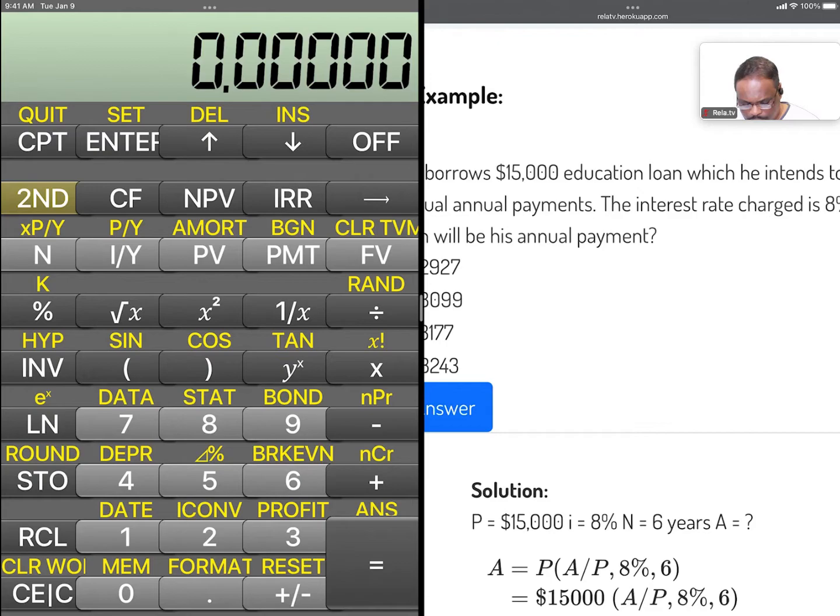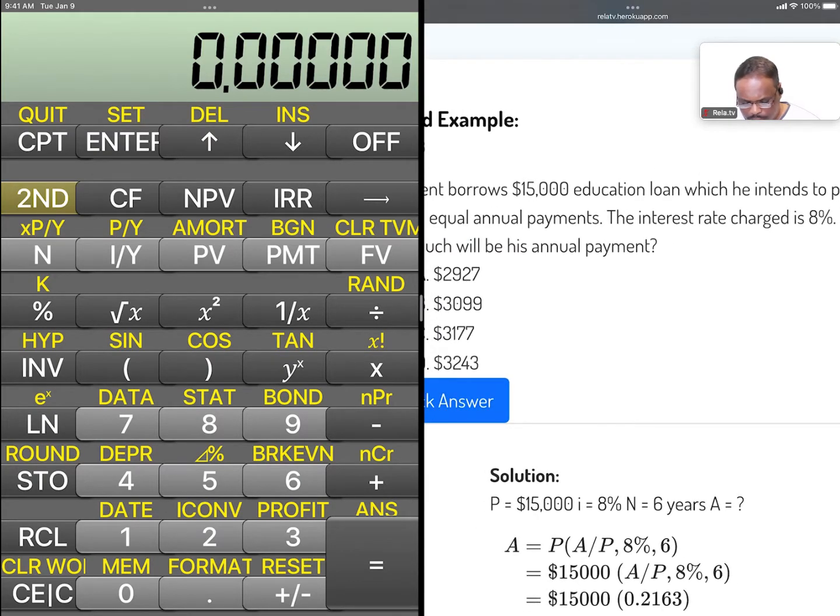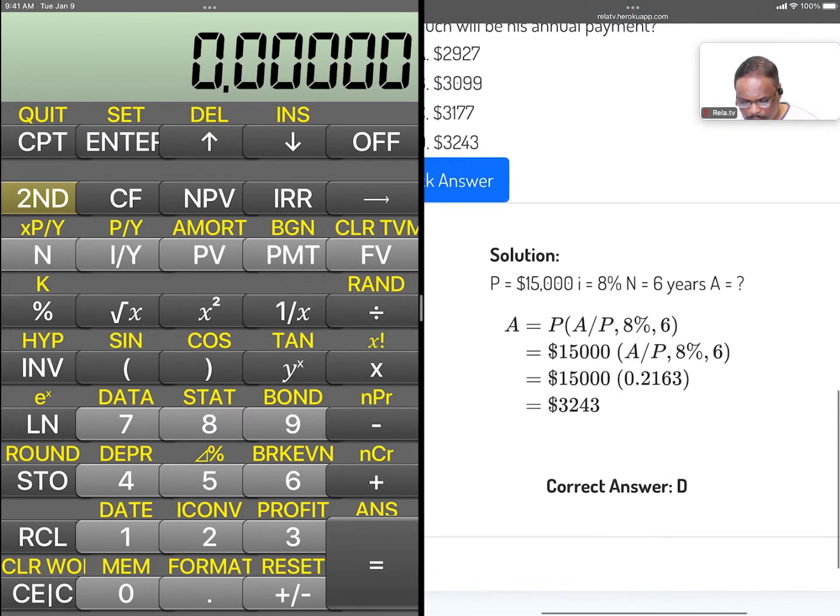Other information is that the interest rate is 8% and the number of time periods is 6 years. Interest is calculated once a year, since it is not given, we can safely assume that. What is the value of the annual payments, which is A here? Since we have 3 parameters, the other parameter can be calculated.